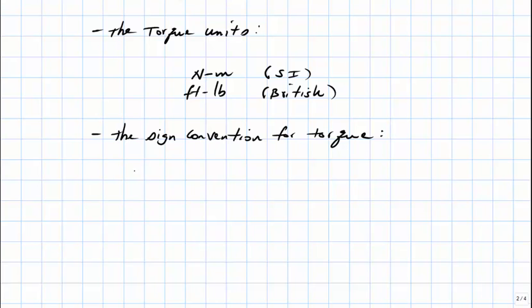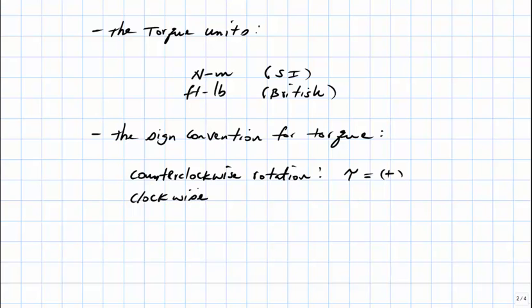And so for counterclockwise rotation, torque is considered to be positive, and for clockwise rotation, the torque is considered to be negative.